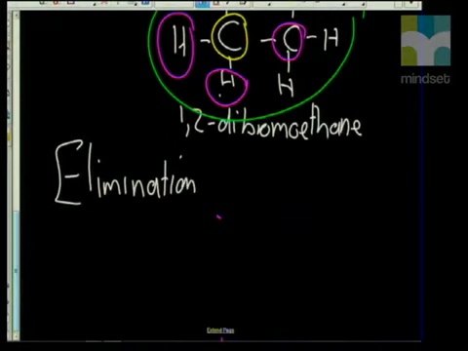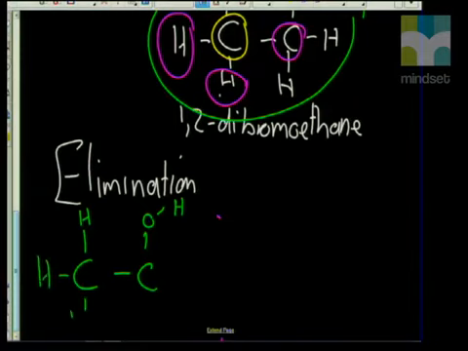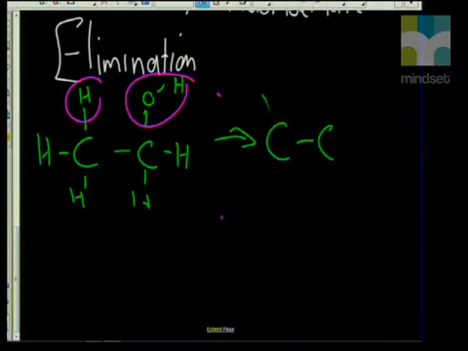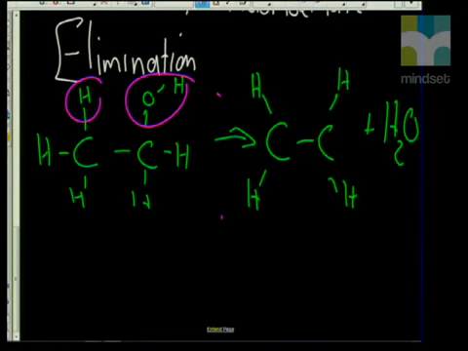So we could take an alcohol like that, ethanol, and we can eliminate from that alcohol 2 things, from that point, and we could go back to producing our ethene and end up with a second product known as water.